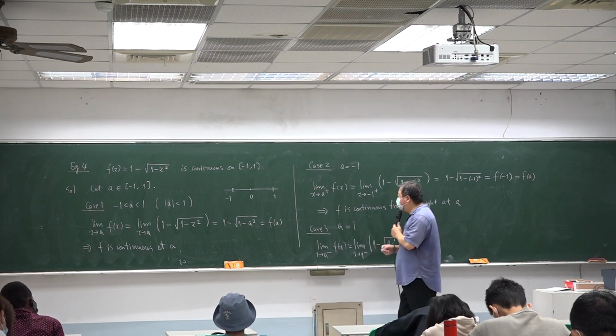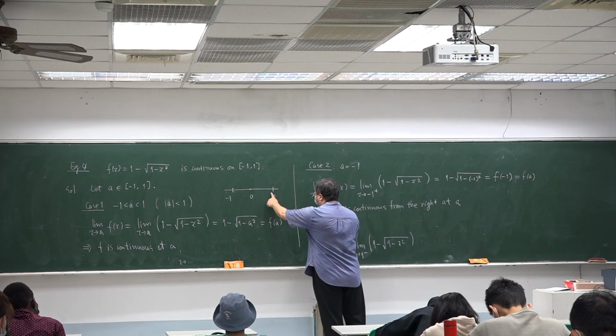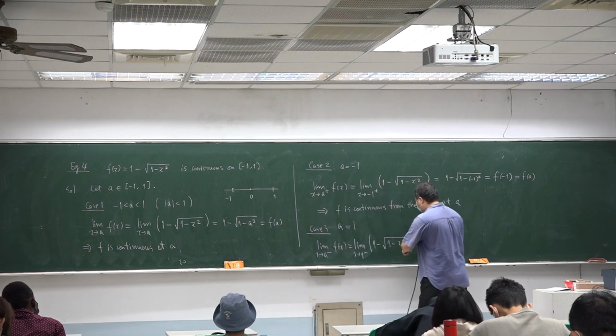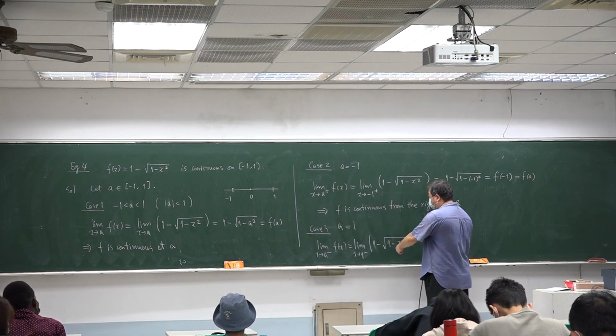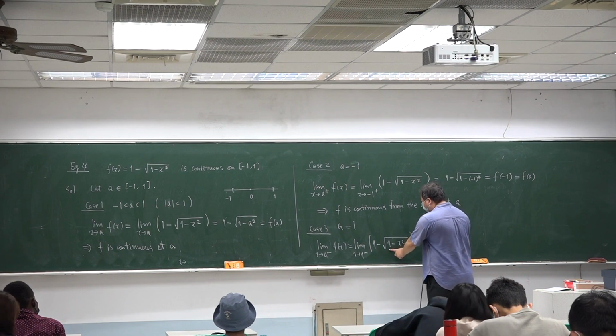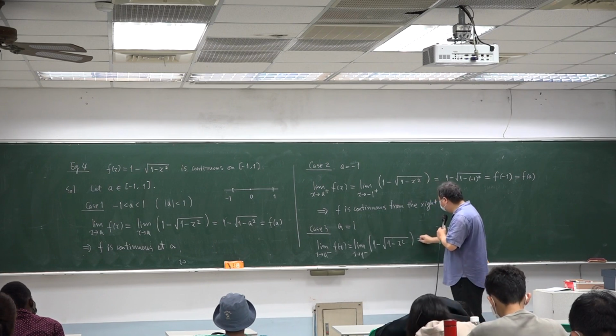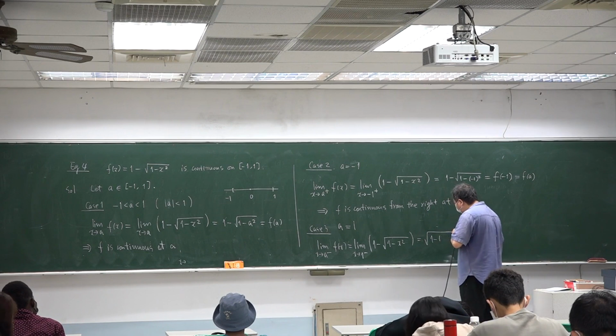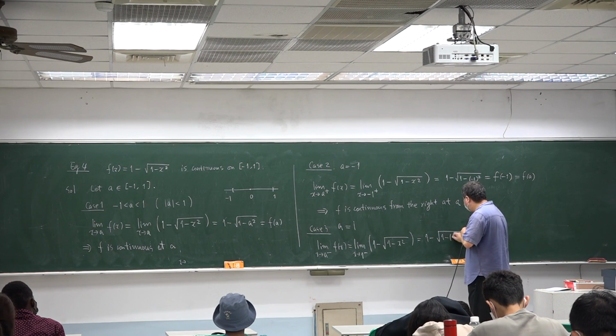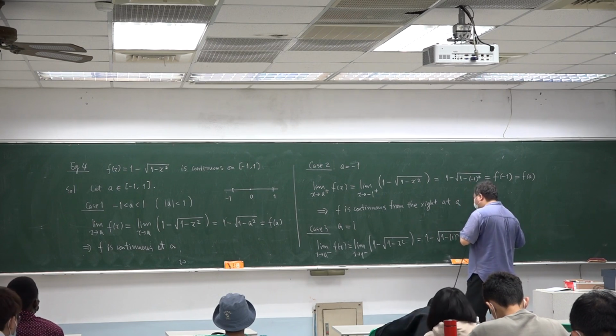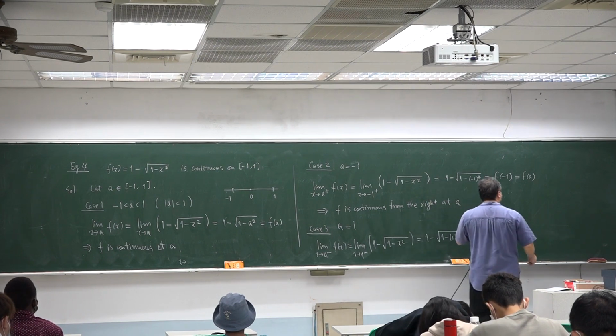Again, if x approaches 1 from the left, x is always less than 1, and this one must be a positive number, always defined, and goes to 0. Therefore, f is continuous from the left at the right endpoint.